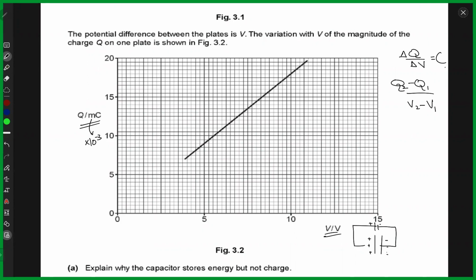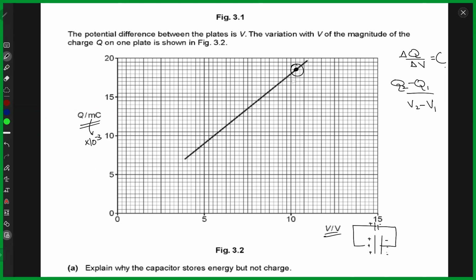So that's one way, or again, you could just pick one specific point on this line and figure out the value for the capacitance, right? So for example, let's pick this one. If you again see the coordinates for this point, I'm not going to repeat that again and again.